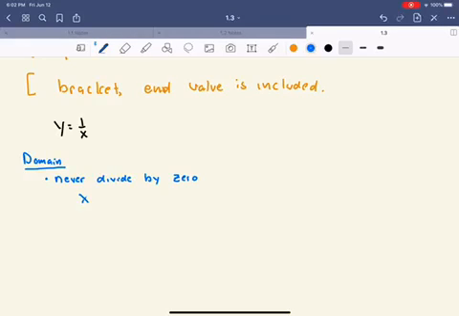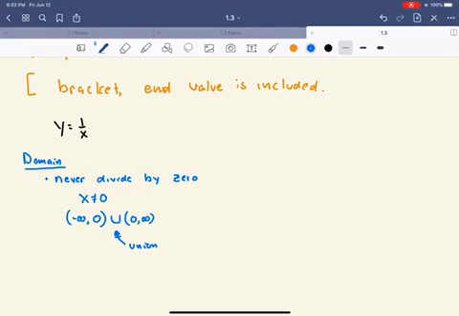So that means x cannot equal 0. In interval notation, we're going to write that as negative infinity to 0. We cannot include it. We're going to put this sign to mean we're joining the two sets together. So this sign means a union.